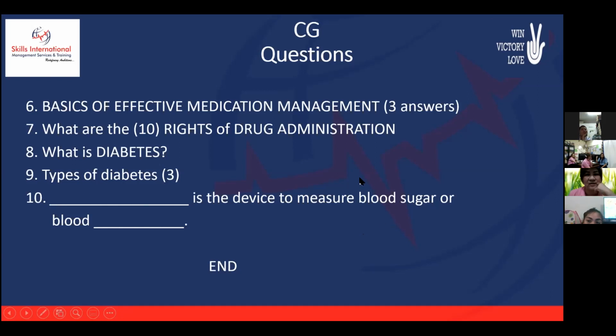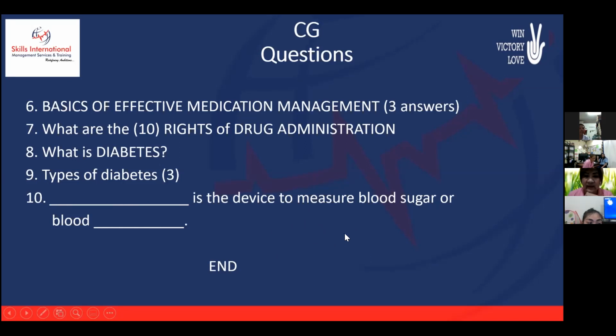Okay, so what is the answer, Maricar? Same po kami, ma'am. Glucometer and blood test or blood test monitoring. Okay, what about Tony? What is your answer, Tony?